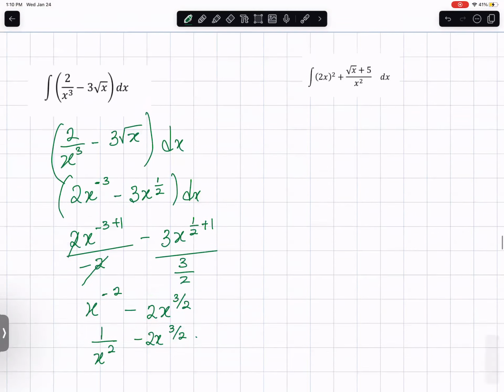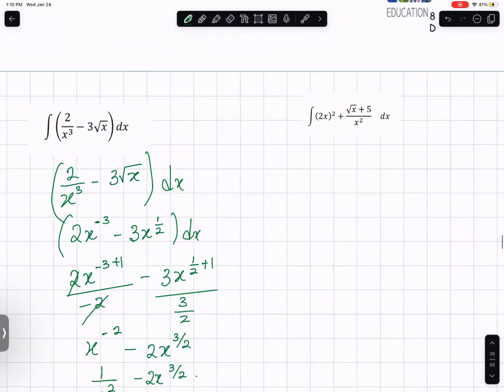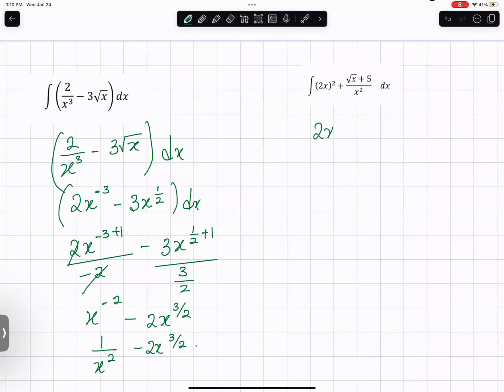So the next question here, 4x squared plus root x plus 5 over x squared, with respect to what? X. Include your c to your answer, I forgot my c again.